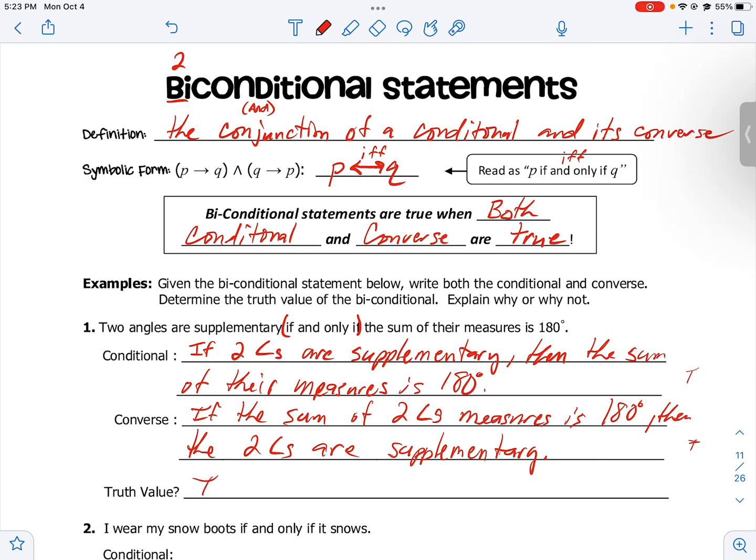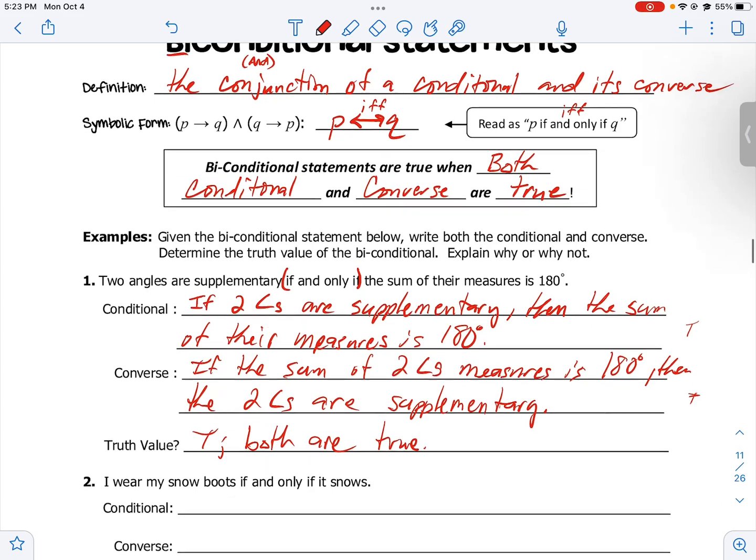That's true. So the truth value of the whole thing is true. It's true because they're both true. Okay, so if it says explain why, both are true.